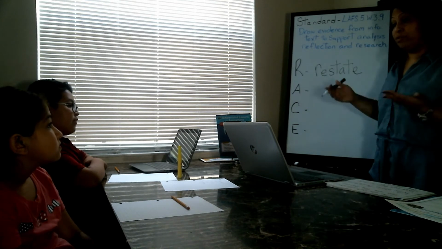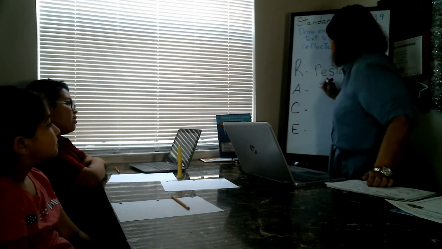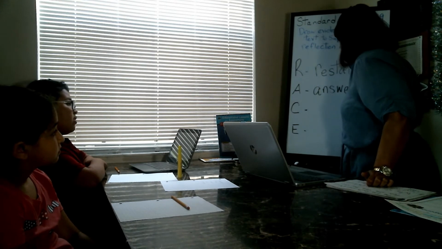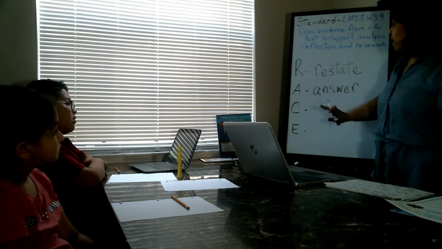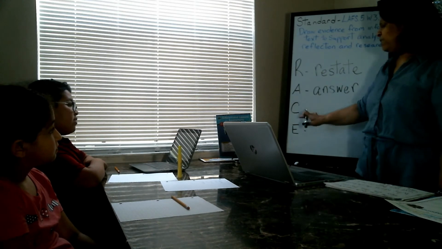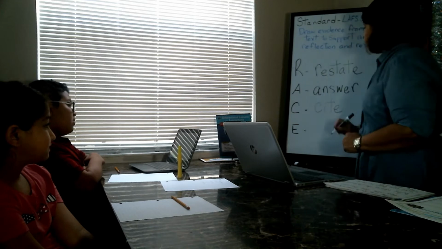And then we're going to answer the question. That's what the A stands for. I love this acronym because it's easy to remember. You're restating, you're answering. What do you think the C stands for? Anybody? Any one of you from fourth grade, you might remember. What does the C stand for? Anthony? Cite. Citing evidence, citing the text for evidence that will support your answer.